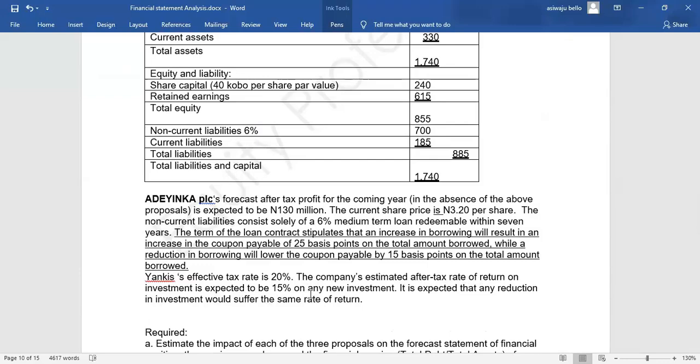So when you invest in additional non-current asset, 100 million naira, we are going to generate 15% return on that investment. When you reduce your investments, then your return will also reduce by 15%. Is that clear? Yes, sir. Right.